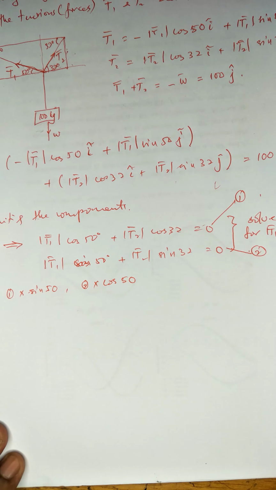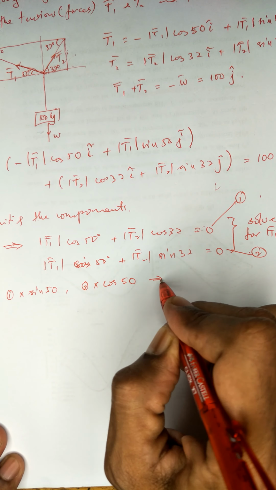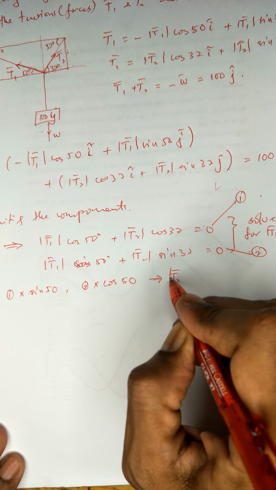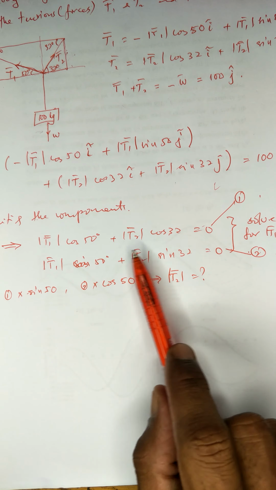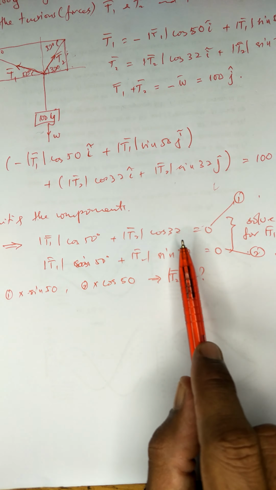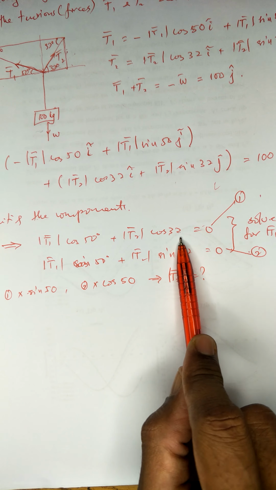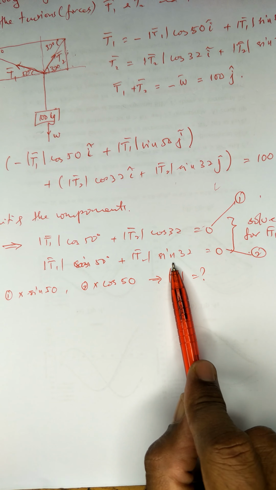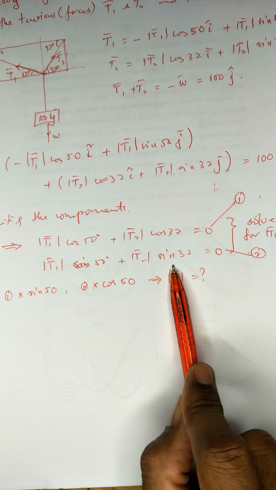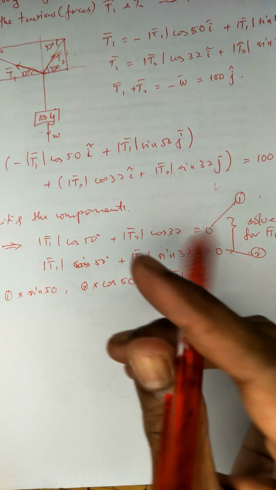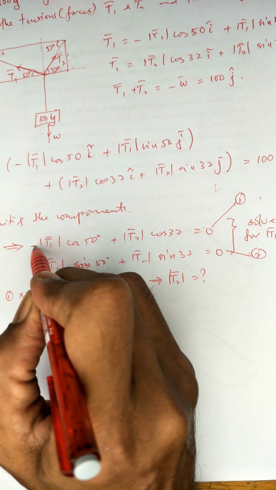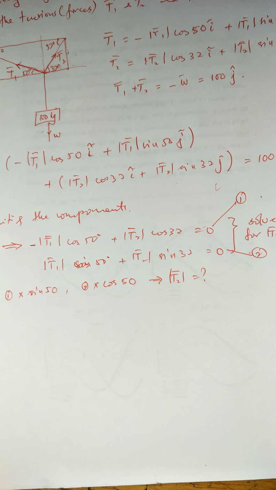Then from there you can find T2. As well, if you want to find T1, you multiply the first equation with sin 32, multiply the second equation with cos 32, and subtract those things. Missing something negative here, should be. Okay, so you can find.